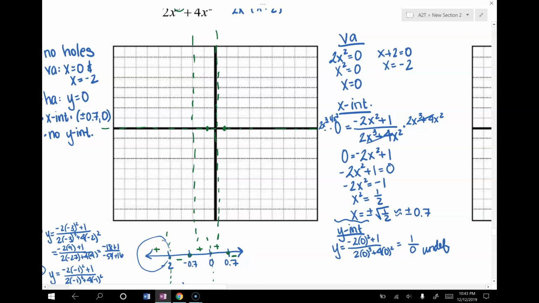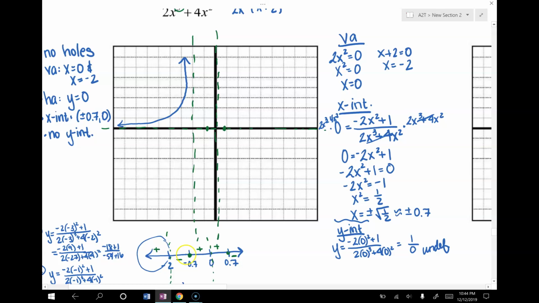We know that our horizontal asymptote guides the end behavior. We also know that there isn't an x-intercept over here, so I'm not going to cross the horizontal asymptote. And I can't cross my vertical asymptote, so I'm going to have to shoot upwards as I get closer to the vertical asymptote. Why? Because I don't have an x-intercept.